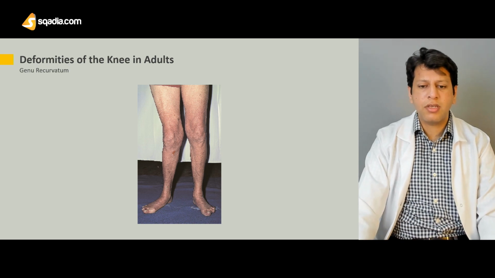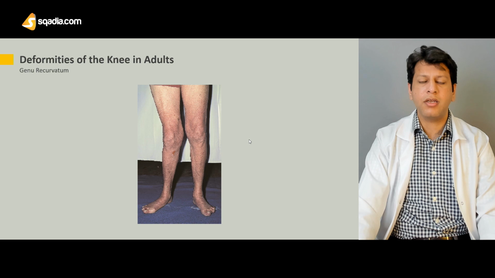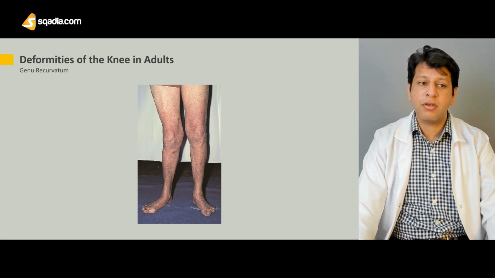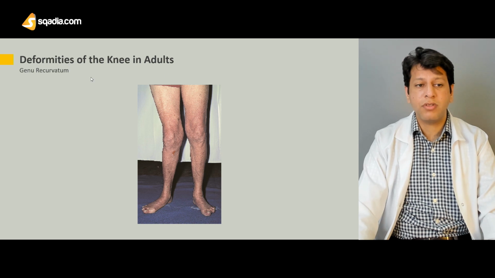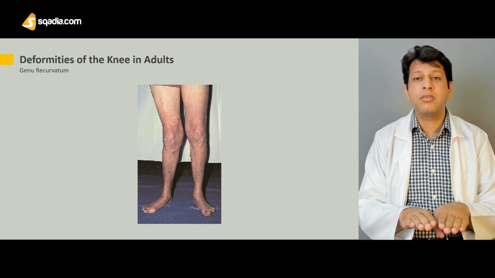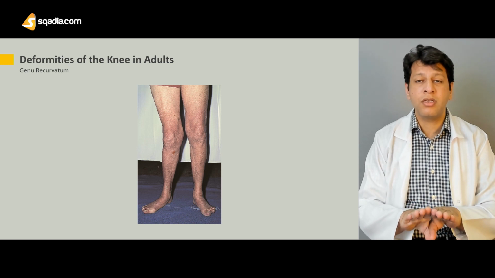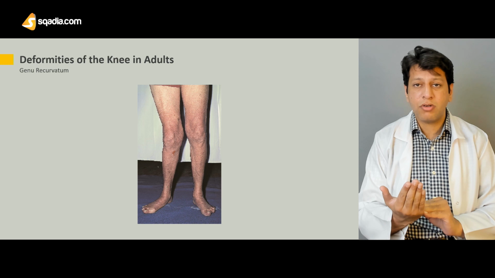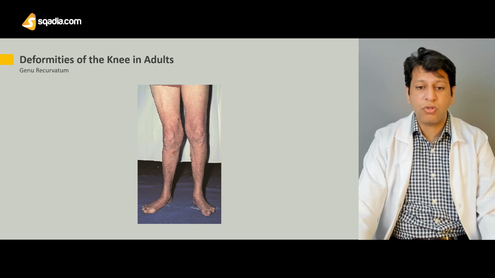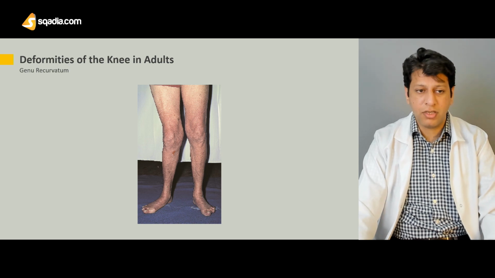Normally, if this recurvatum is more than minus 10 degrees, or there is excessive genu recurvatum, this can present as the deformity called genu recurvatum, in which, when these patients extend the knee joint, there is excessive tibial dorsiflexion, and this may be more than 10 degrees, which is normally present in any other knee.